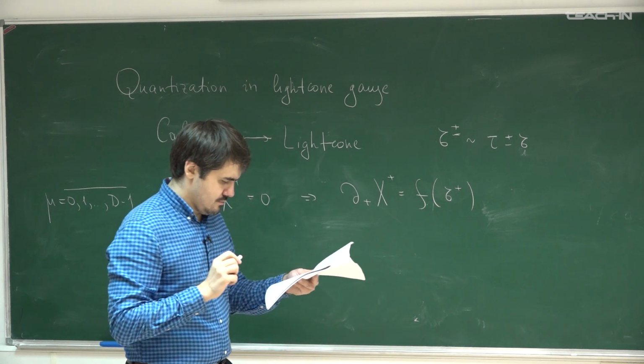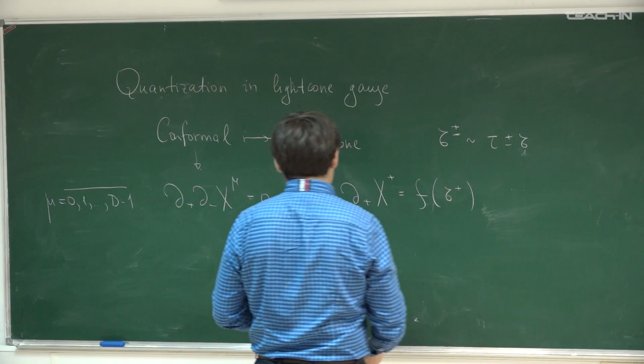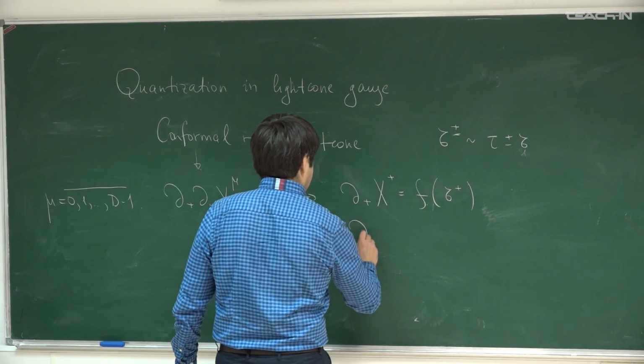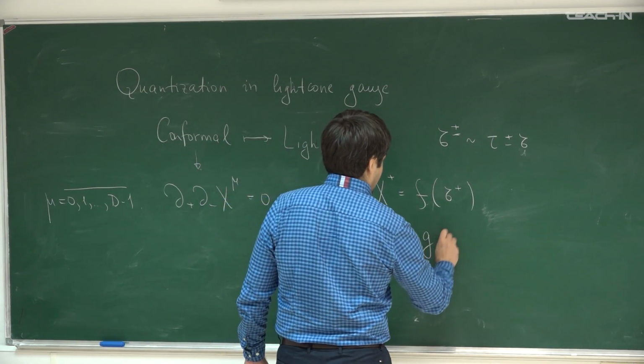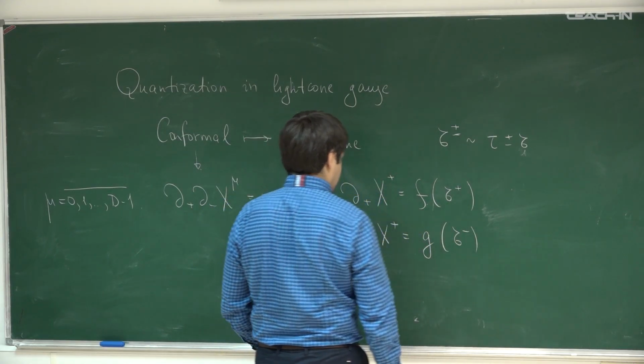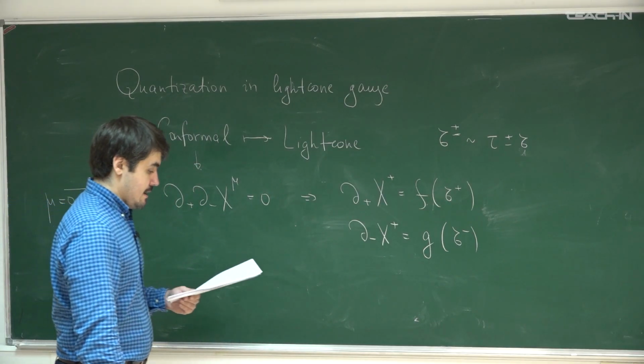The coefficient doesn't matter really. So d minus x plus is g of sigma minus, right? That just follows from this equation.